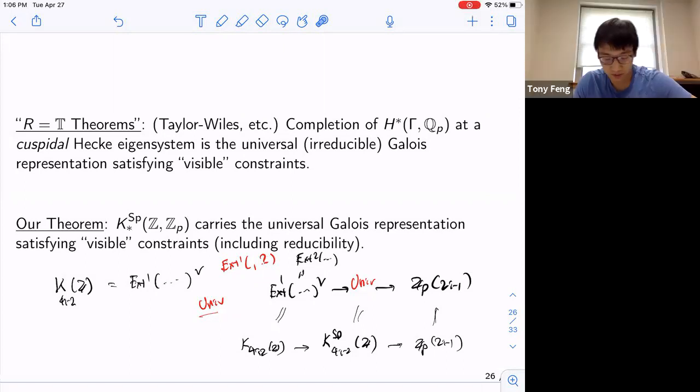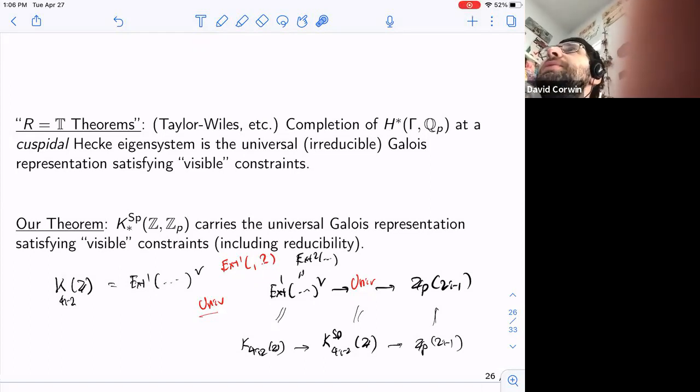So I don't think our thing is related directly. Philosophically certainly, but the H1 of the modular curve is not in the stable range where it's actually touched by the K theory.